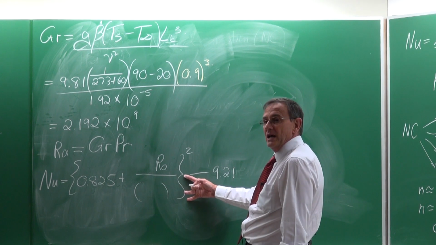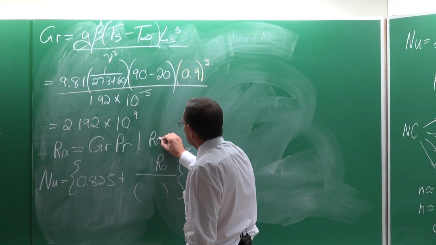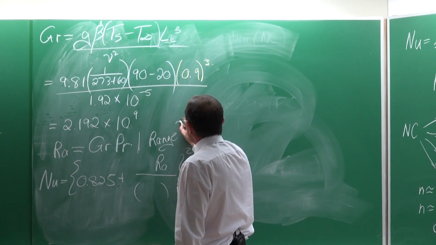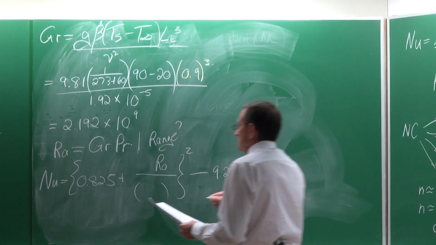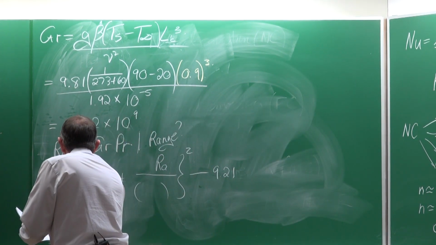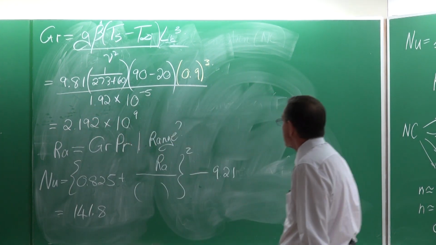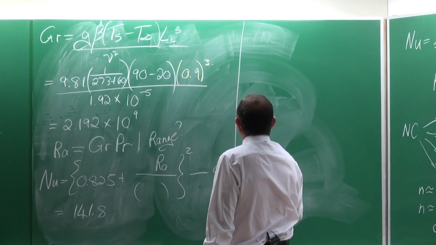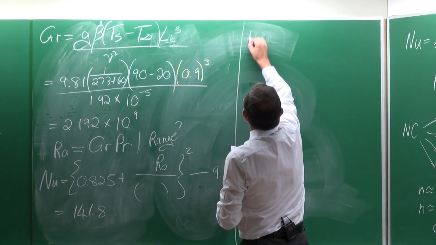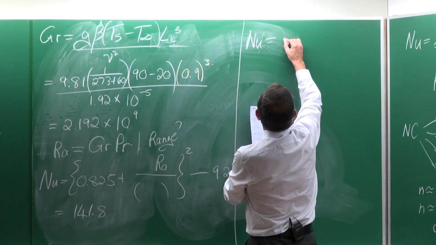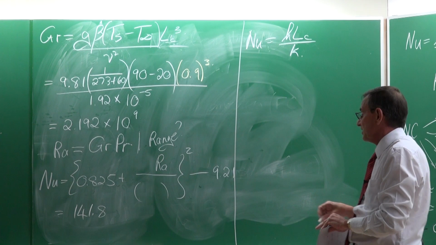Of course, you're going to select this equation based on the Rayleigh number range and make sure that the range is okay. And the result is going to be a Nusselt number of 141.8. So the Nusselt number is equal to the heat transfer coefficient multiplied by the characteristic length divided by k.